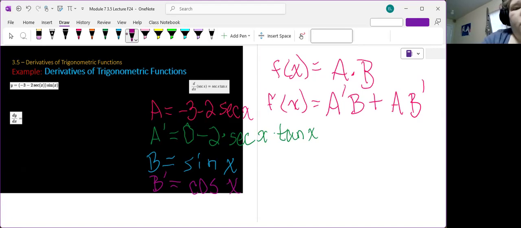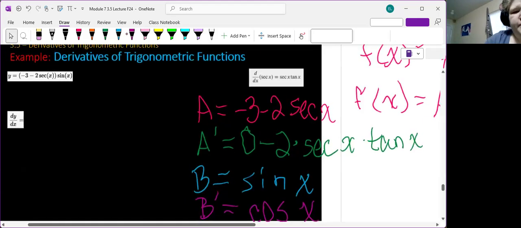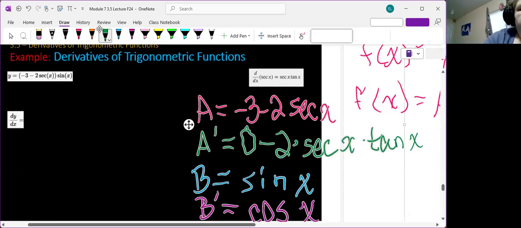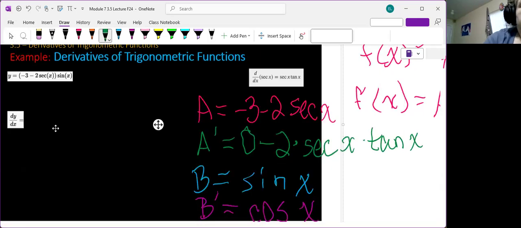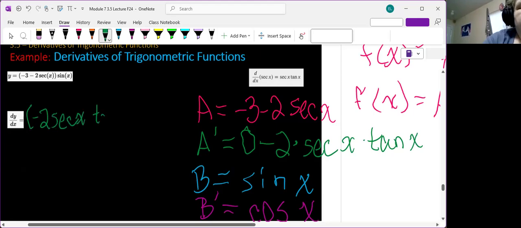All right, so our dy dx using our product rule. So it was a prime, so that is negative 2 secant x tangent x times b, which is sine x.